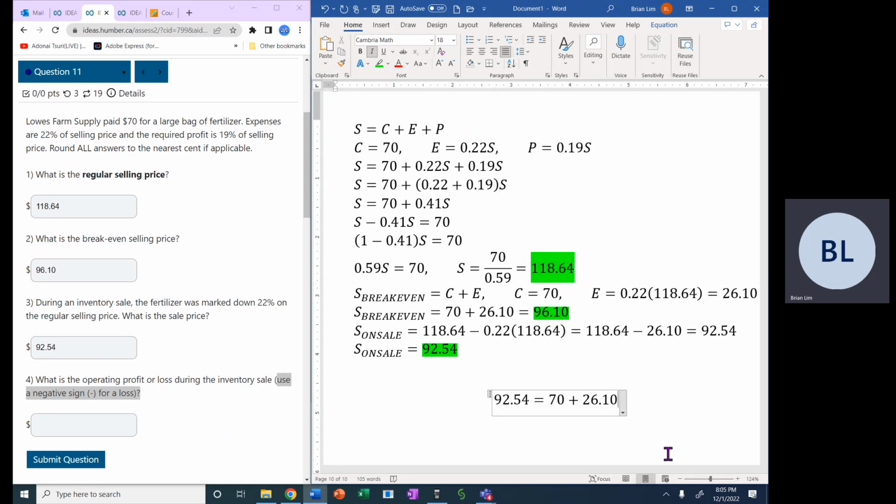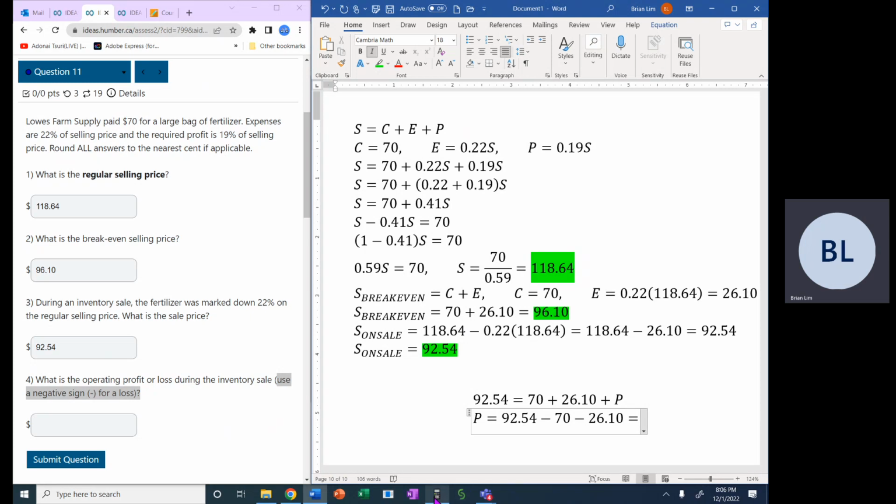That is the expense plus the profit. And with that, we can find the profit. It would be 92.54 minus 70 minus 26.10.